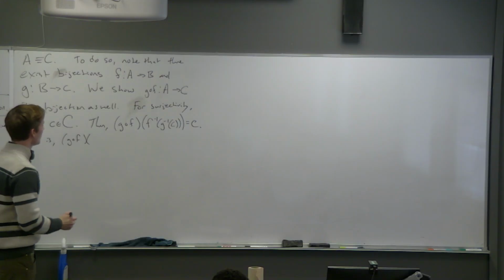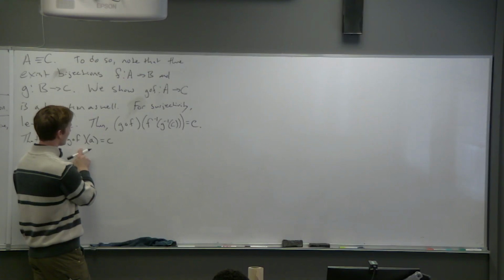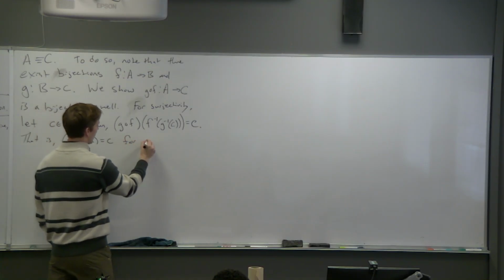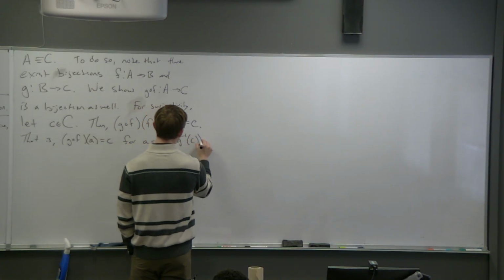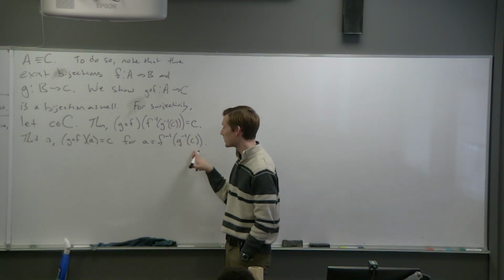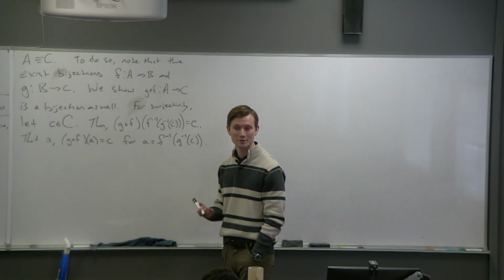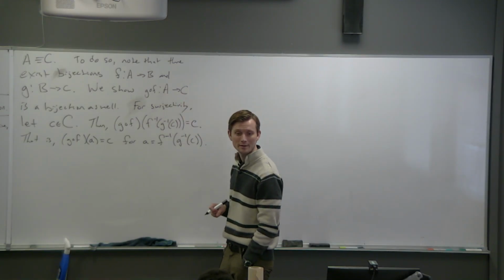That is, g composed with f of a equals c for a equals f inverse of g inverse of c. These are not preimages; these are genuinely the inverse functions, since they're bijections. So for every element of C, we have an element of A that gets mapped to it.